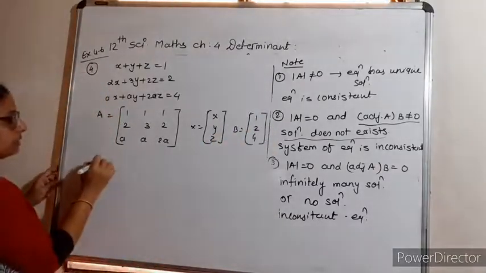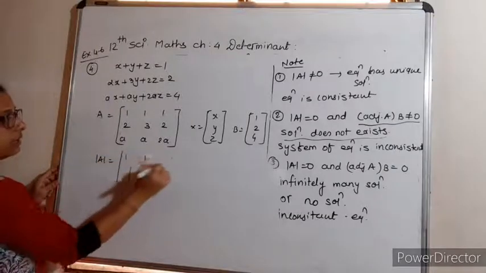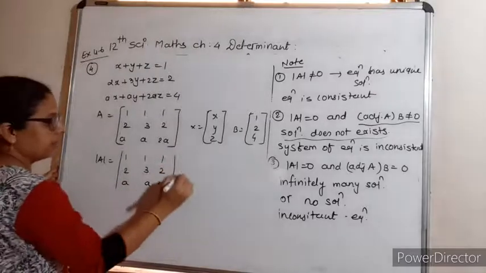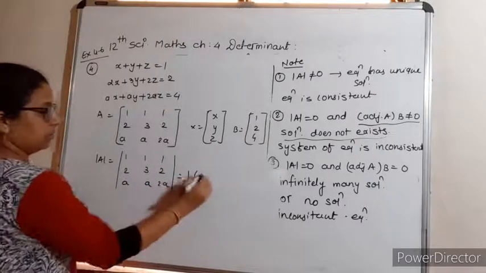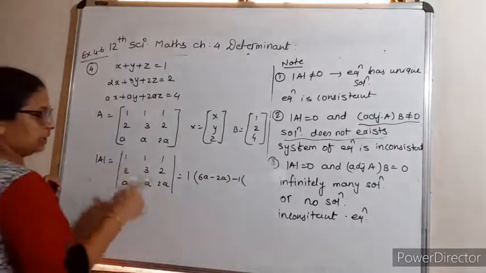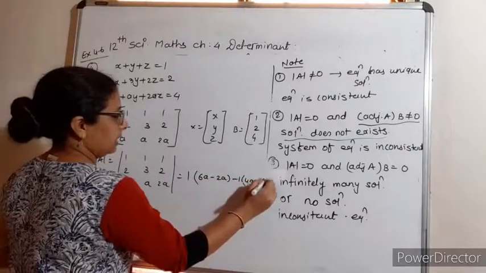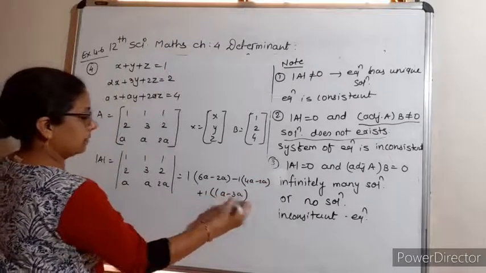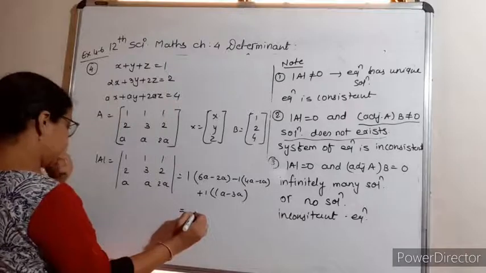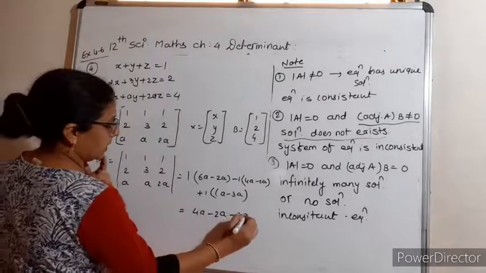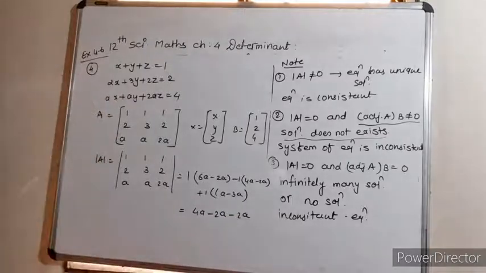Now if we find this determinant 1 1 1, 2 3 2, a a 2a: 1 into 6a minus 2a, minus 1 into 4a minus 2a, plus 1 into a minus 3a. So it is 4a minus 2a minus 2a, that means what?